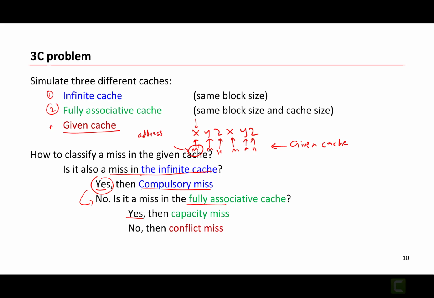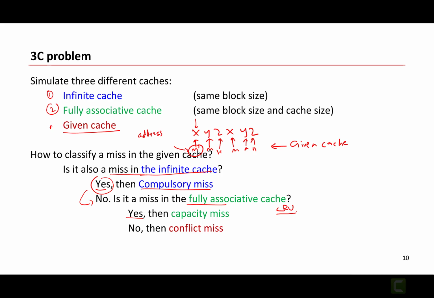Now this is a little bit of an imprecise statement to make, because in the case of a fully associative cache, I need to assume a replacement policy, typically an LRU policy. So the miss that you may be encountering could be because of the replacement policy, but we're going to make an approximate assumption, if you will, to sidestep that issue and say, if I see a miss in the fully associative cache, then I'm going to assume it's a capacity miss.